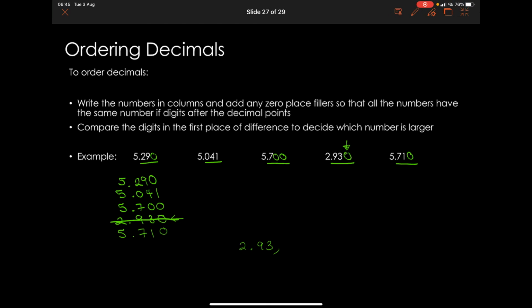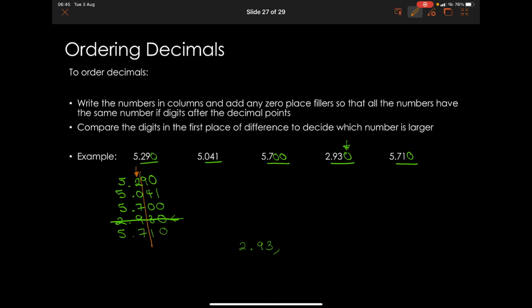I'm just going to change my colour because I want to show you why this matters. First of all, I've got all these 5s, but because they're all the same, 5 point, blah, blah, blah, I'm going to look at this first column here to decide which one is my next smallest. So which one is my smallest 5? 5.2, 5.0, 5.7 or 5.7.